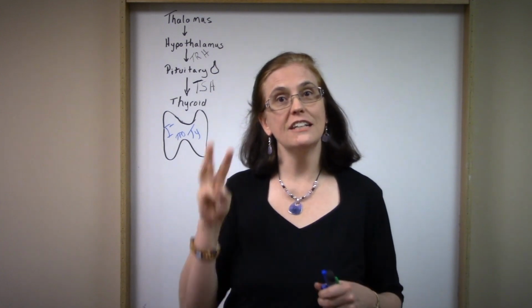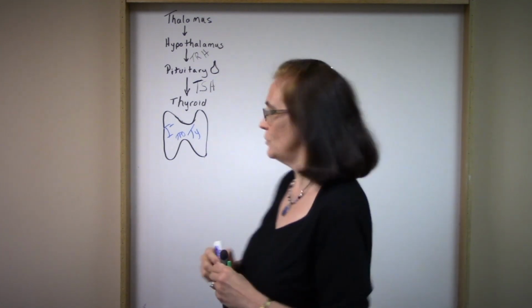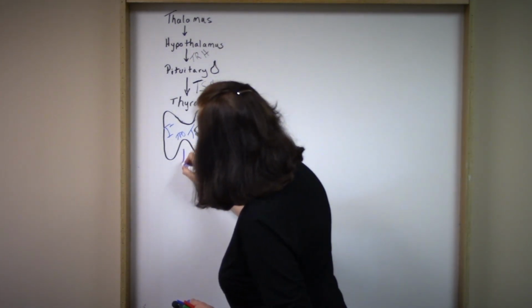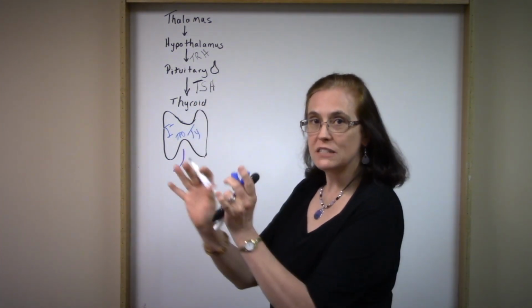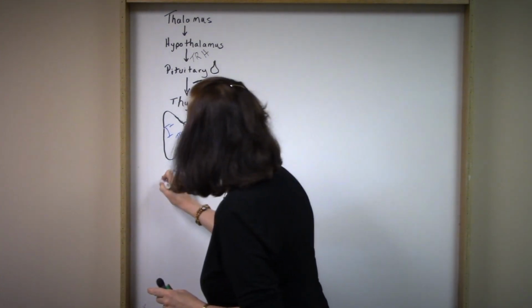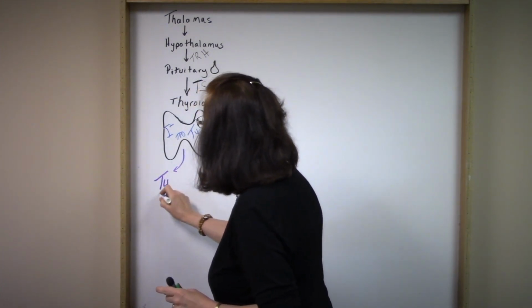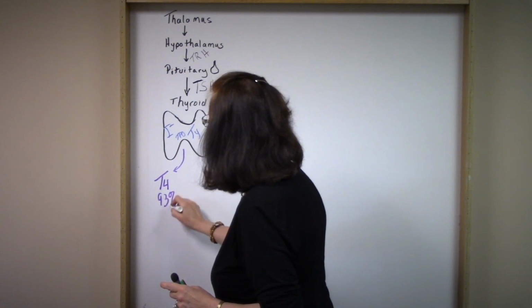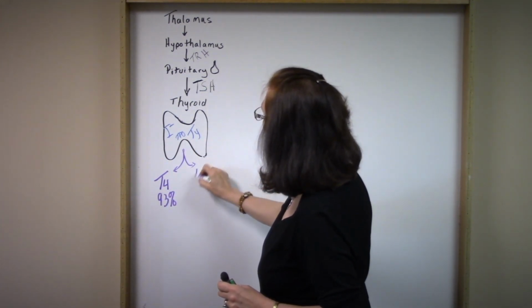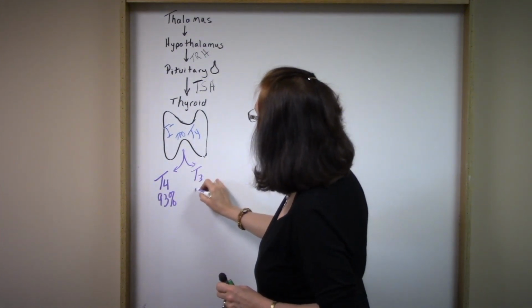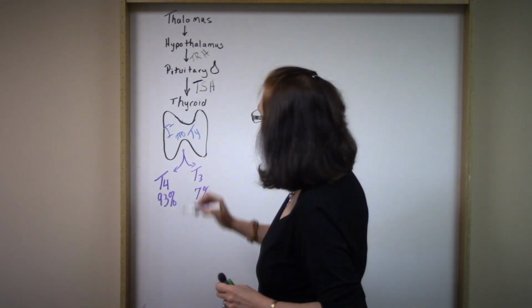T3 is a tyrosine with 3 iodines attached to it. So when the thyroid gland produces these hormones, 93% of what it pumps out is T4. The T3 is only about 7% of what is pumped out from the thyroid gland.